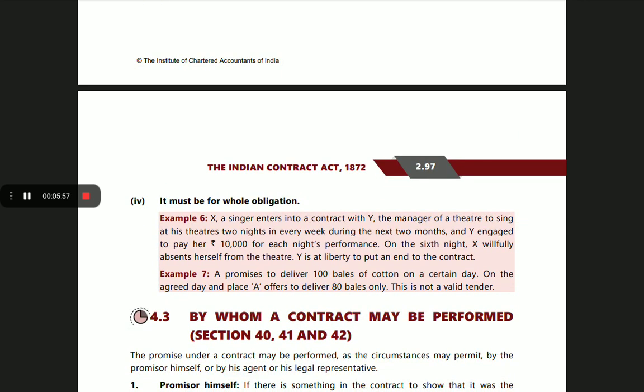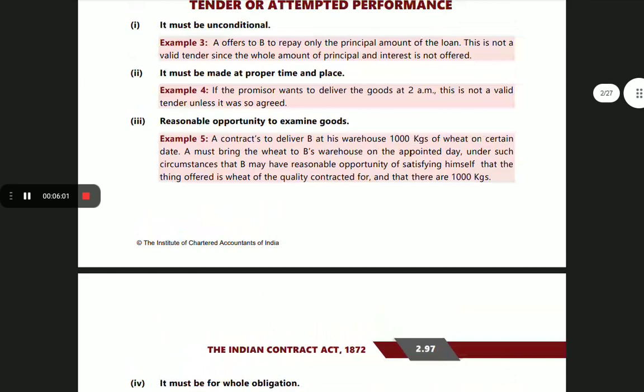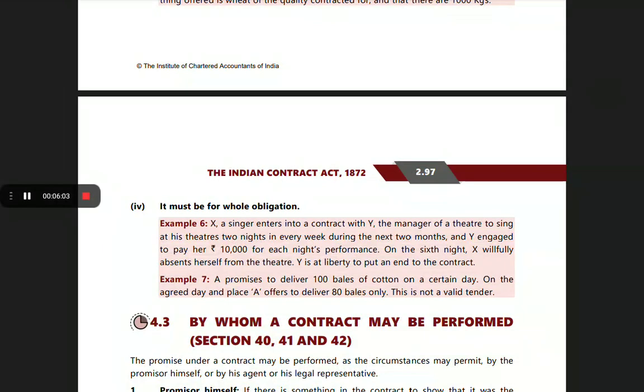It must be for the whole obligation. Example: X, a singer, enters into a contract with Y, the manager of a theatre, to sing at his theatre 2 nights in every week during the next 2 months, and Y engages to pay her 10,000 rupees for each night's performance.